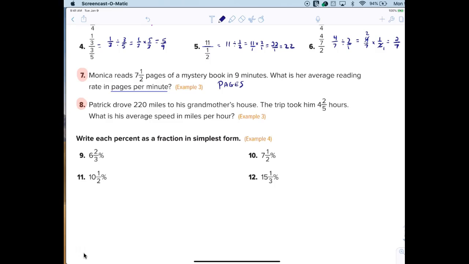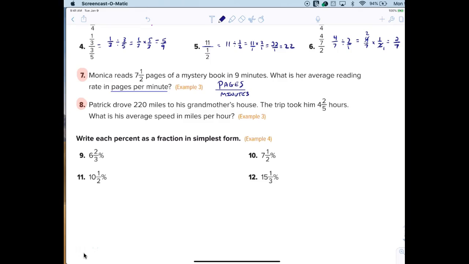Pages, so it literally means pages divided by the minutes. That's how you figure this out. Per in math means divide. If you didn't know that, write it down in your notes. Per means divide. Just like in math, of means to do what? Multiply.